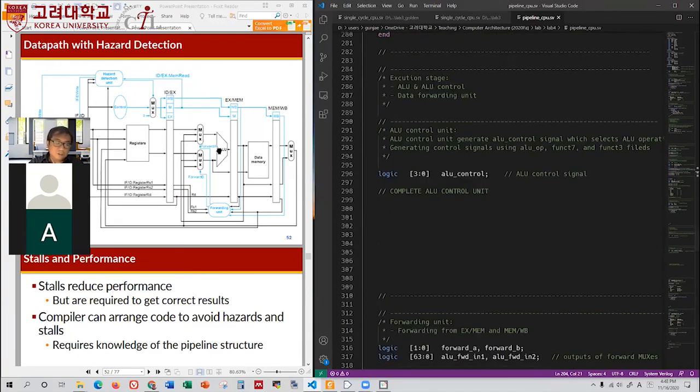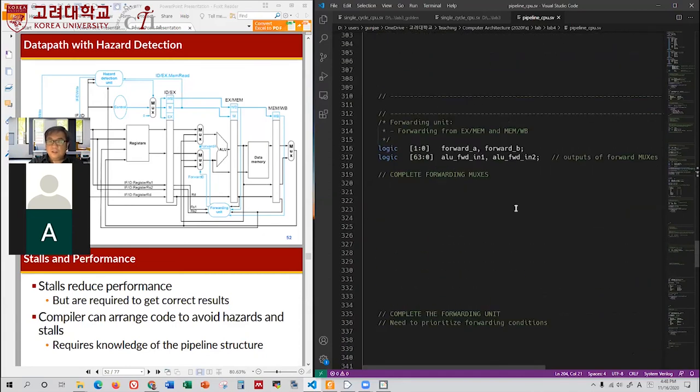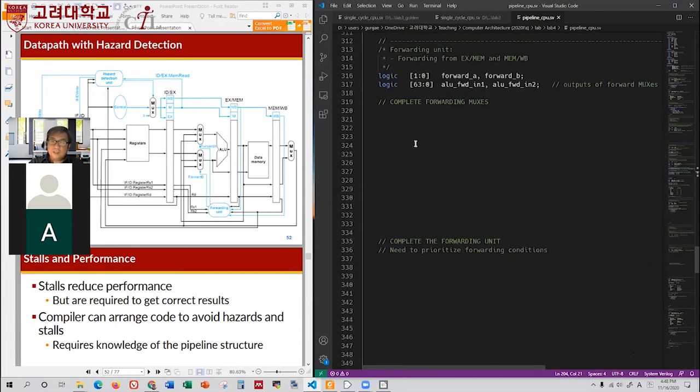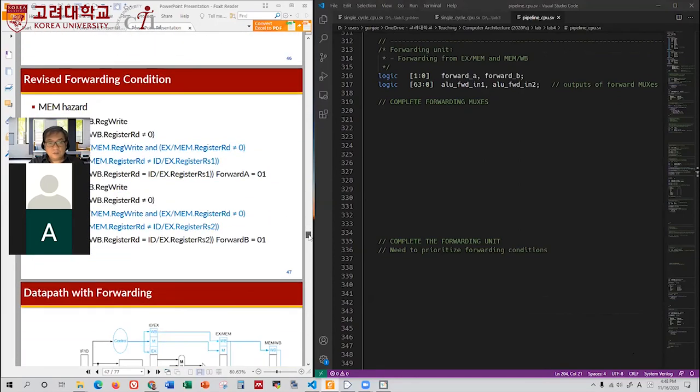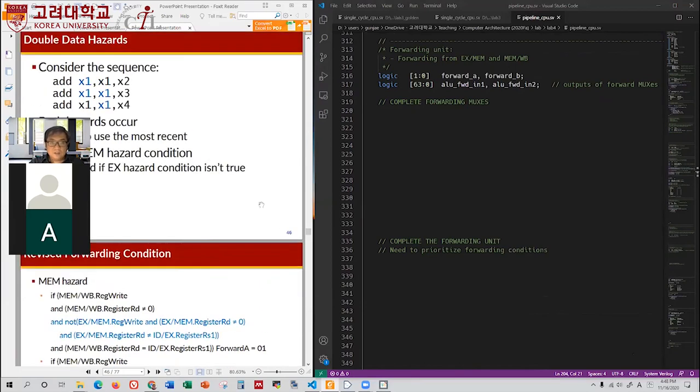And then execution stage, you can find the ALU and then forwarding mux and then forwarding unit here, the control unit here, and then forwarding unit is here. We learned about the forwarding conditions in the previous classes, like this here. So this is the forwarding conditions.